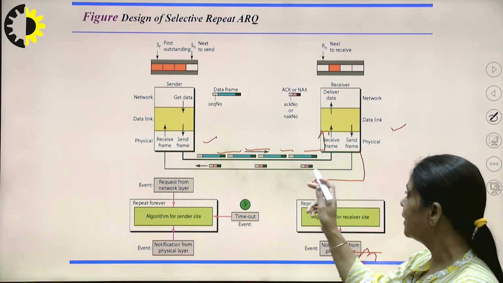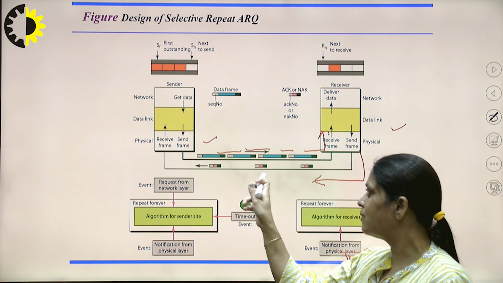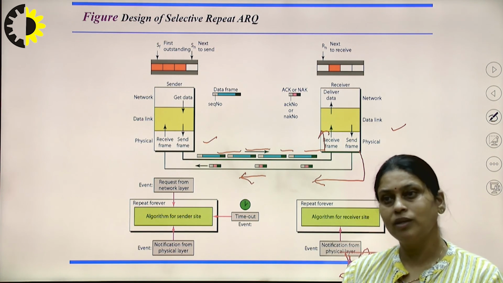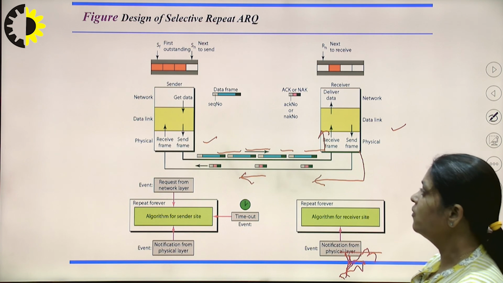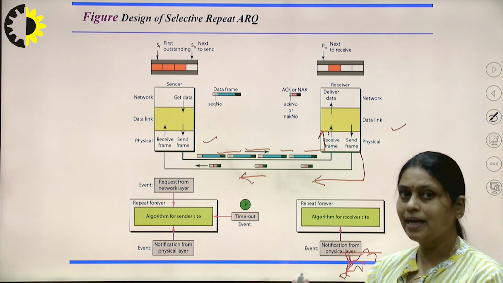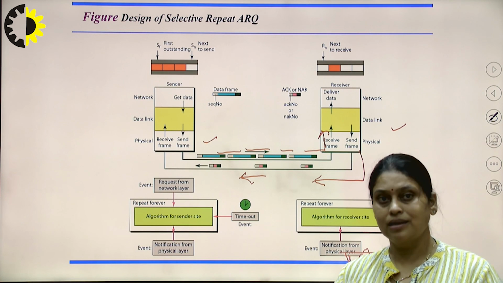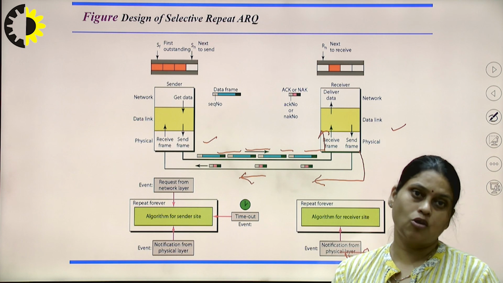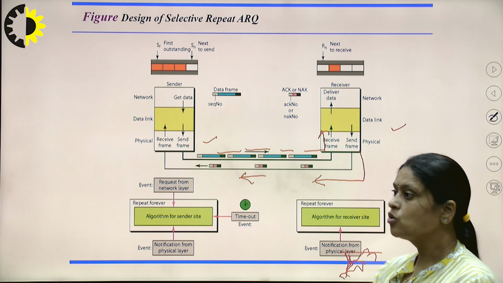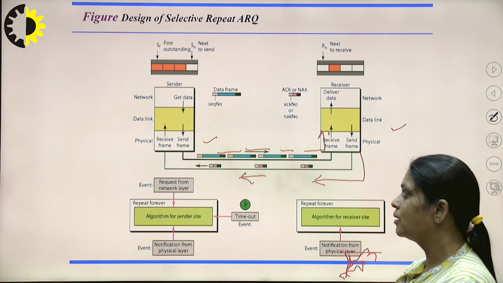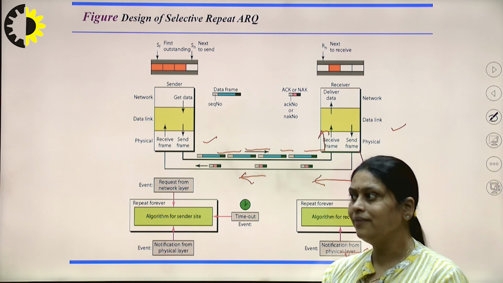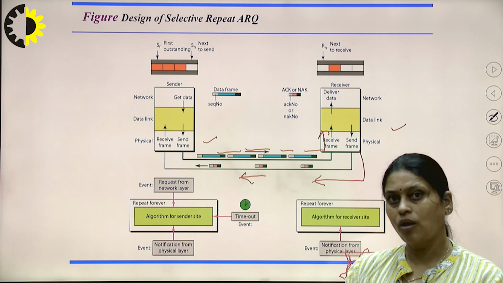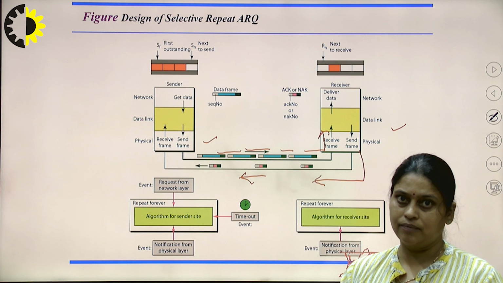If data is received correctly by the receiver, it will send a positive acknowledgement to the source, or if the data is not received by the receiver, it will send a negative acknowledgement to the source. So, we can say that a source will wait for the acknowledgement, either positive or negative.